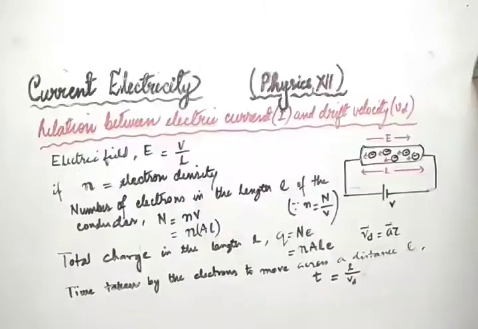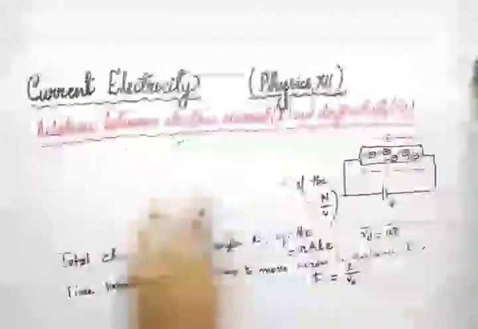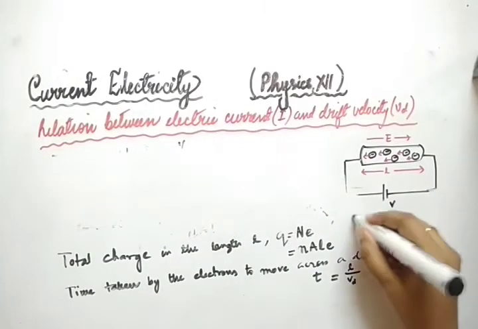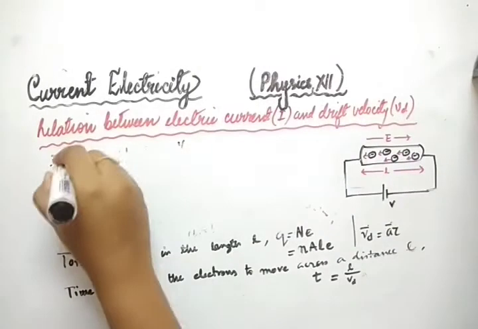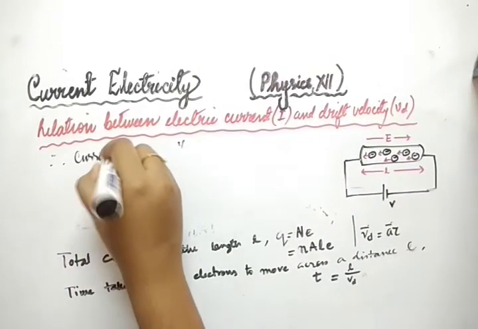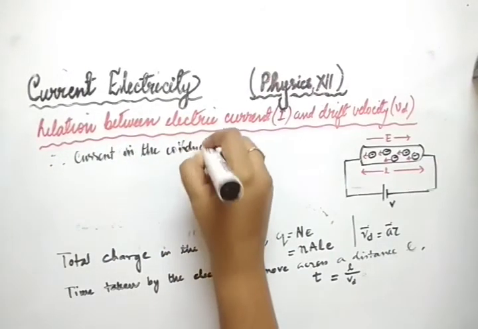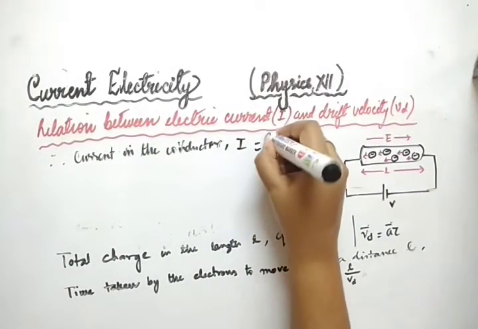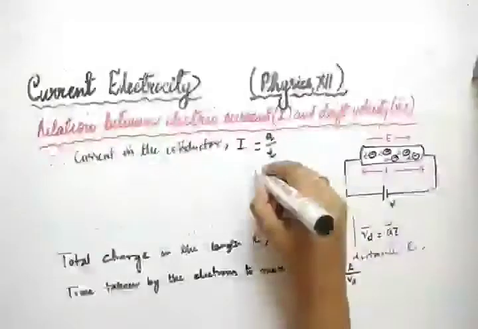Next, let's erase some of the portion. Now we can write, therefore, current in the conductor I equals Q by T. This is the formula for current. We know it from class 10.